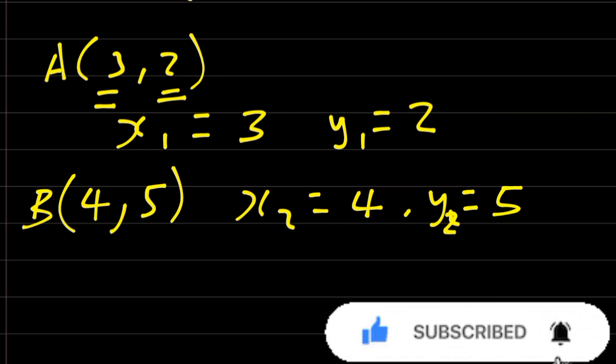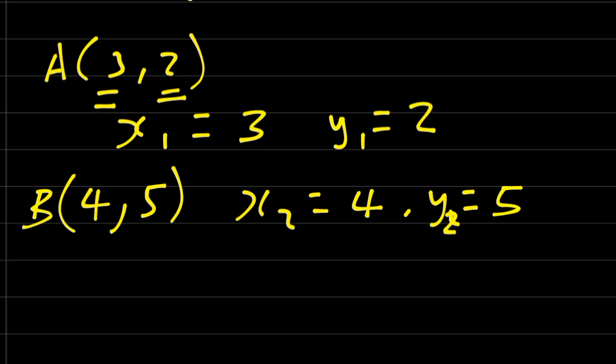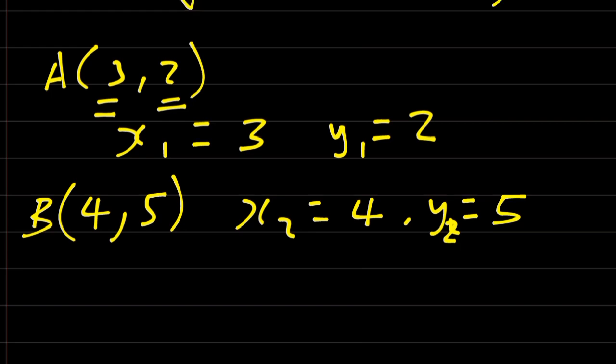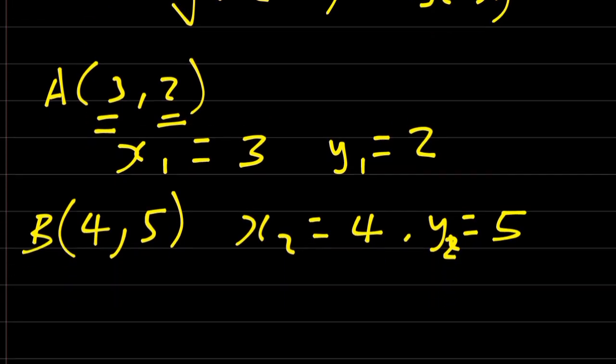As simple as that. But you can as well turn everything around. That is, you can take point B to be x1, y1, and take point A to be x2, y2. You will still arrive at the same answer. But just make sure that in every coordinate given to you, you have x1, y1, x2, y2, x3, y3, like that. So we can now substitute in our equation.